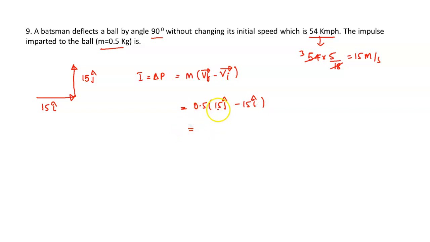Now just take the 15 common, 15 into 0.5 will be 7.5 into (j cap minus i cap). Let us take this as a vector. Here we want only the numerical value, so I want only the magnitude of I. So that will be equal to 7.5 into root 2. Root 2 will be 1.414. Check this calculation. This will come around as 10.6.